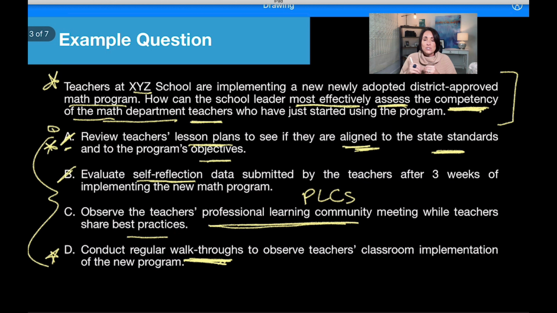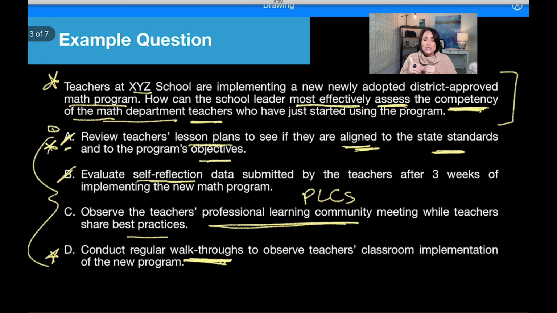Okay, so let's go ahead and try to figure out where that particular question that we just talked about would fit in the SLLA 6990 content categories and then their subcategories. So if I were going to put that question somewhere, I would definitely put it in instructional leadership, because you're going to be observing the instruction and then providing feedback to the teacher about the program.